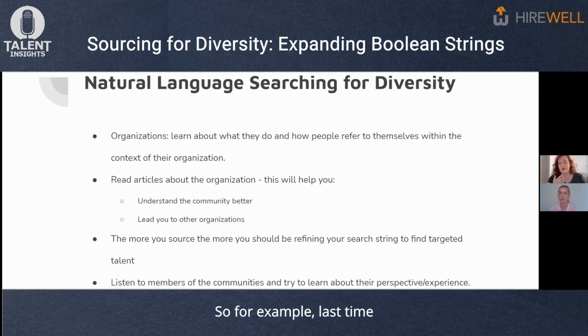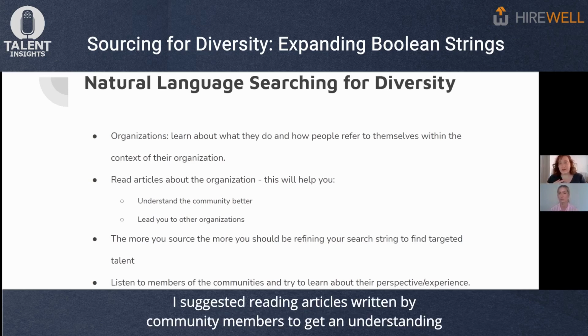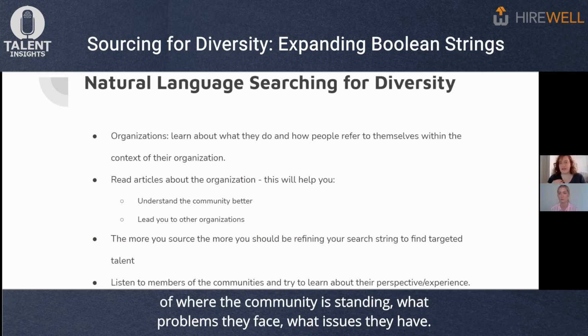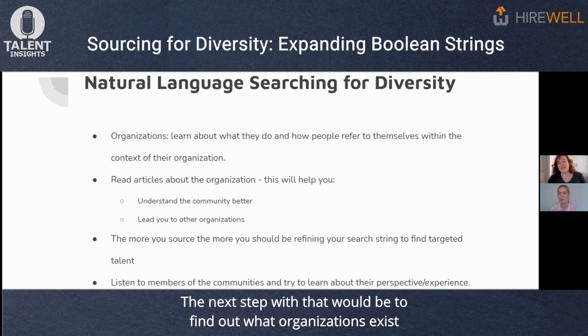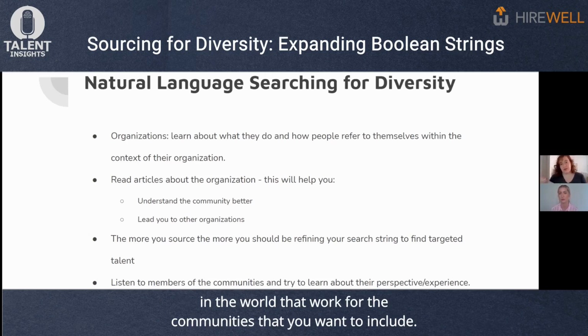For example, last time I suggested reading articles written by community members to get an understanding of where the community is standing, what problems they face, what issues they have. The next step with that would be to find out what organizations exist in the world that work for the communities that you want to include.